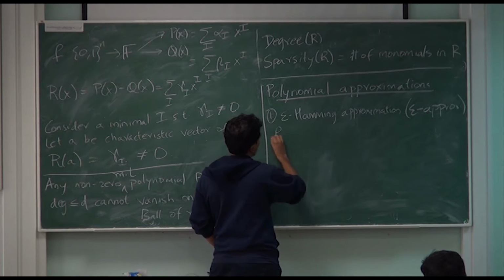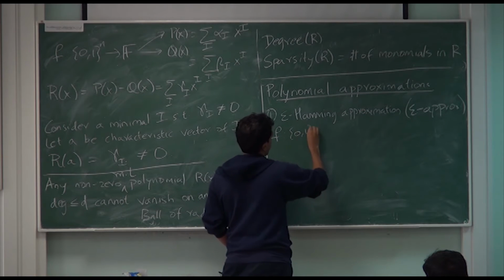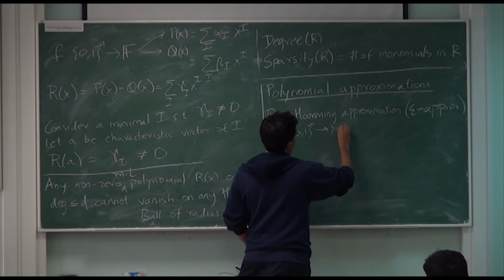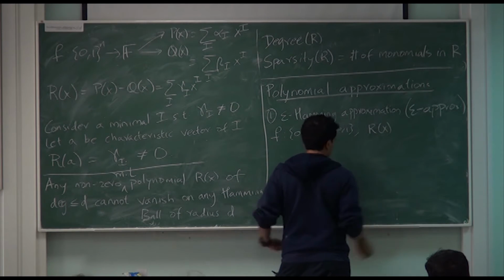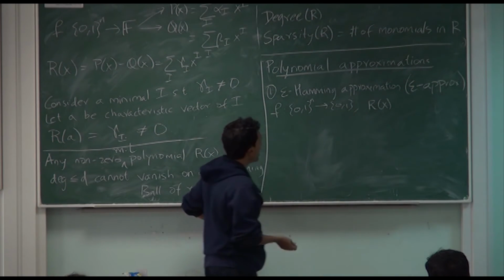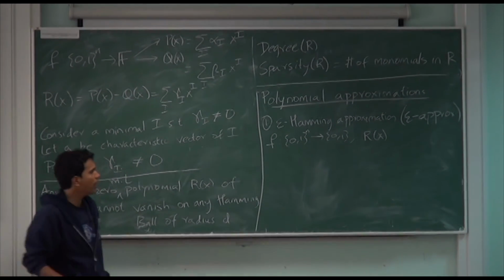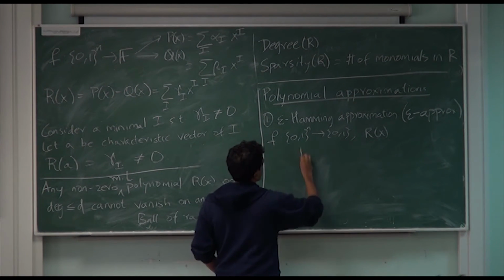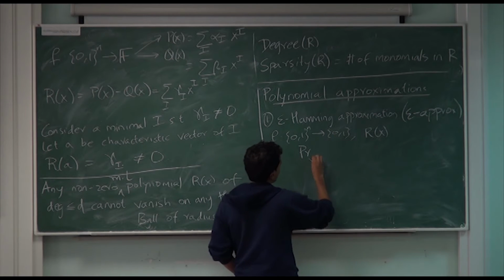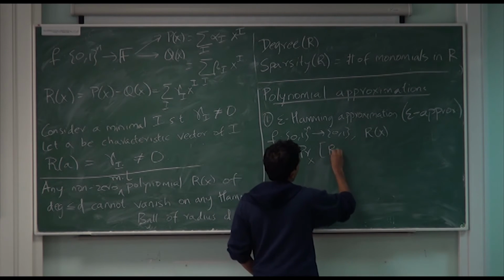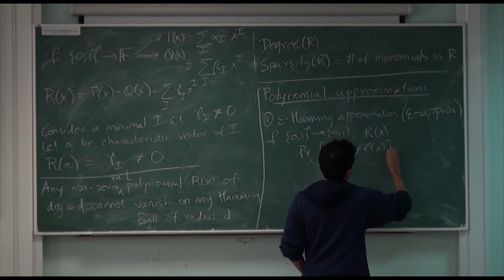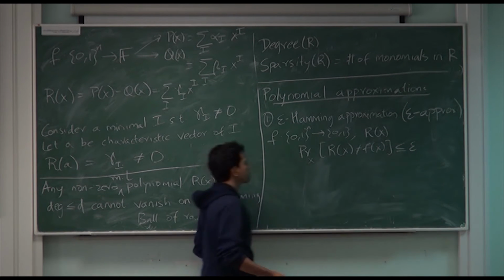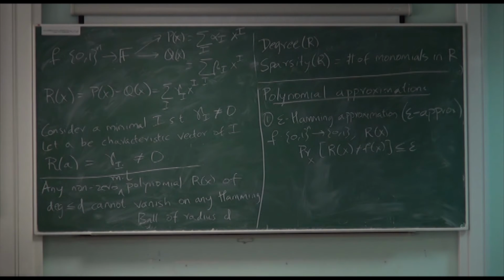Let me fix a Boolean function f for all of these definitions and some polynomial, let's say r of x. And I'll say that r is an epsilon Hamming approximation to f if the most natural thing happens: the probability on a uniformly random input that r of x differs from f of x is at most epsilon.